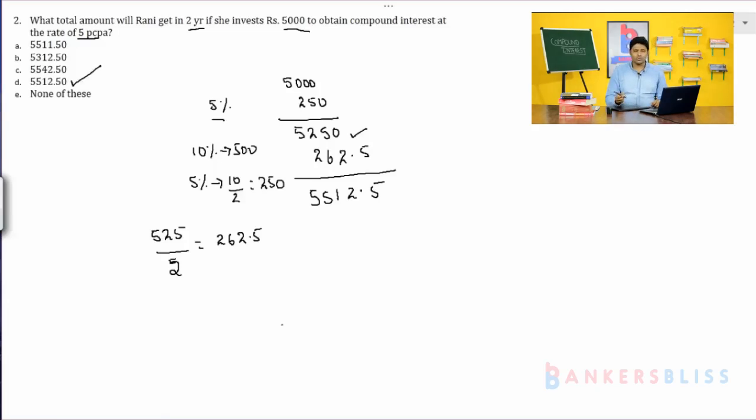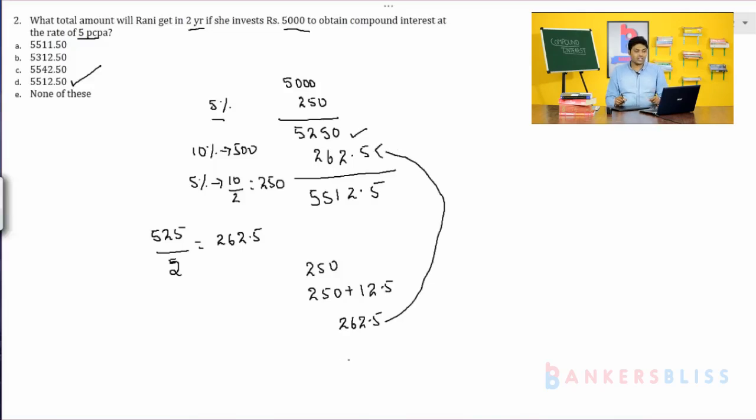You can come through the interest methodology also. The interest is 250 for the first year. Second year again 5%: 250 plus 5% of 250. 10% is 25, 5% is 12.5, so 262.5. So the same interest amount you are going to get.